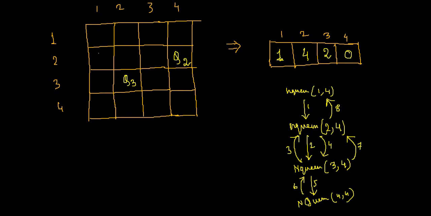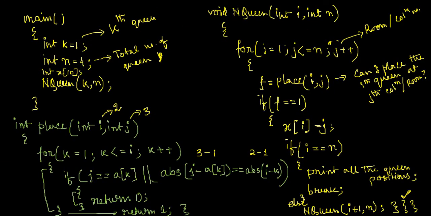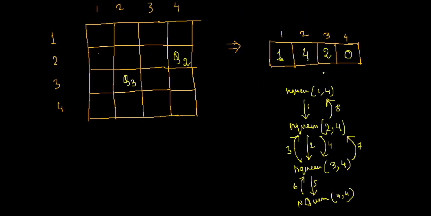That means with respect to this code, when I is now equal to 1, because again the king has gone back to queen 1, and j is now equal to 2 because queen 1 was already placed at the first index, and from that queen 2, 4 was called.